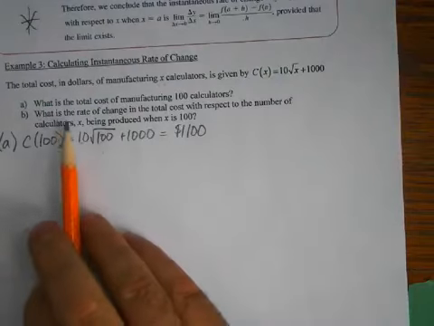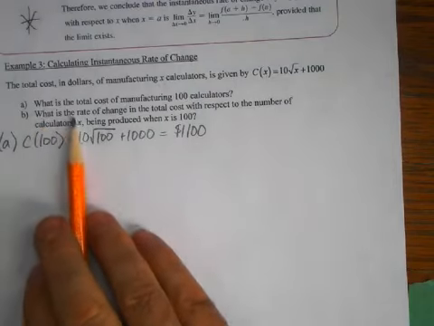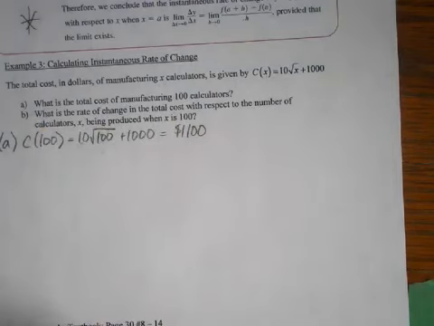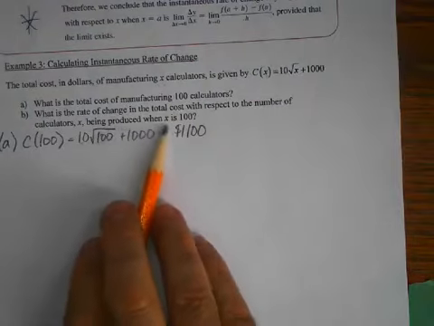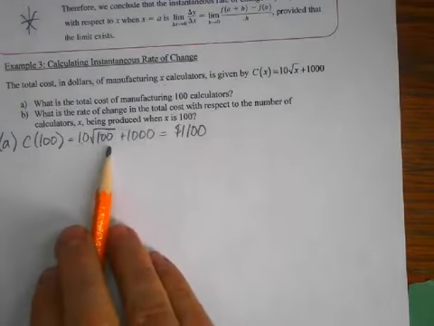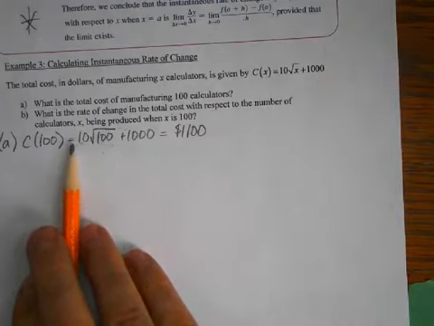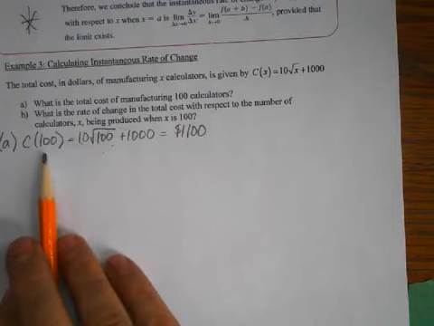Okay, so part B is what is the rate of change in the total cost with respect to the number of calculators X being produced when X is 100. So we're trying to find the rate of change. How fast is the cost changing at the 100th calculator?